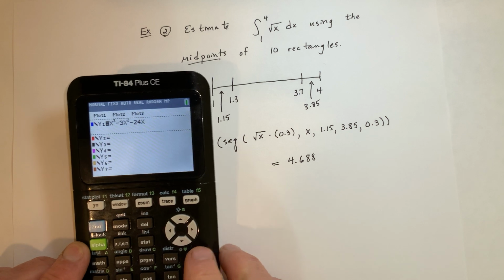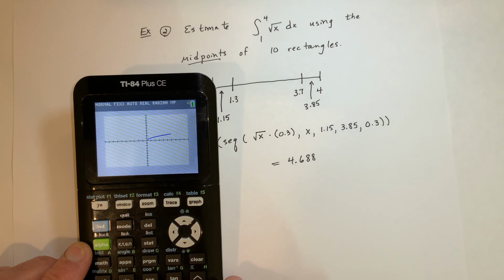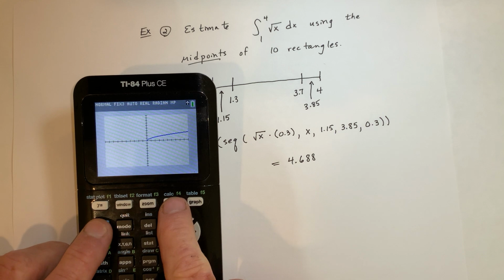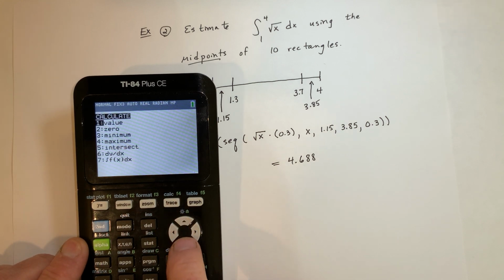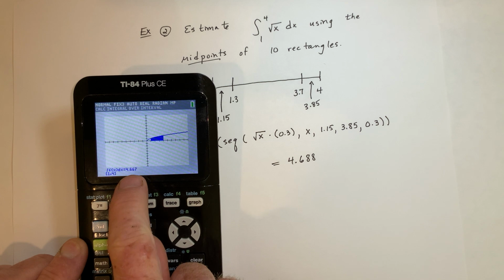Now I just want to see if I did that correctly. So what I'll do is I'll graph the original function, the square root of x, and then have the calculator integrate from 1 to 4. So go to second calculate. Number 7 is integrating from 1 to 4. And it says the actual answer is 4.667.